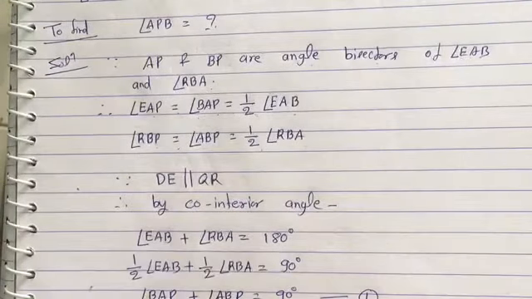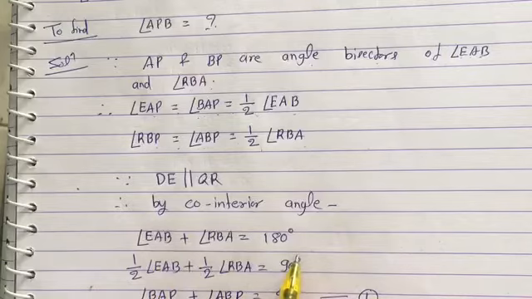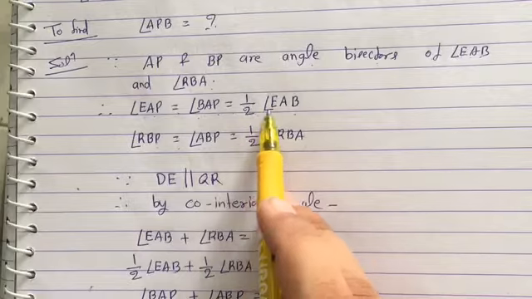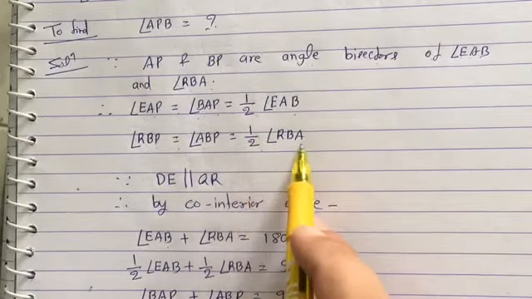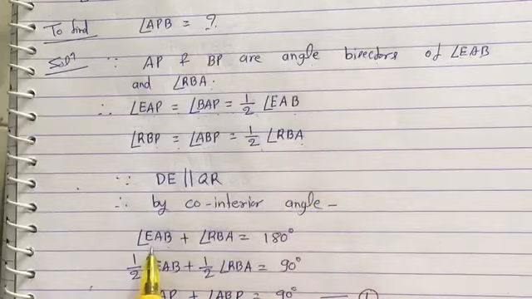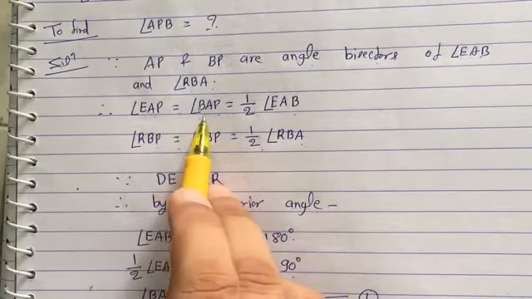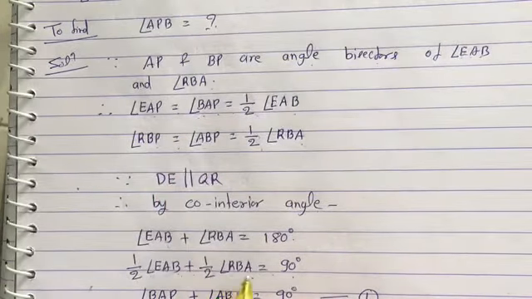Now we are going to divide by 2 on both sides. Why? Because we have the value of half angle EAB and half angle RBA. So dividing by 2 on both sides, this becomes half angle EAB plus half angle RBA is equal to half of 180, which is 90. Clear? Now in place of half angle EAB, we can write this or this. In place of half angle RBA, we can write this or this.